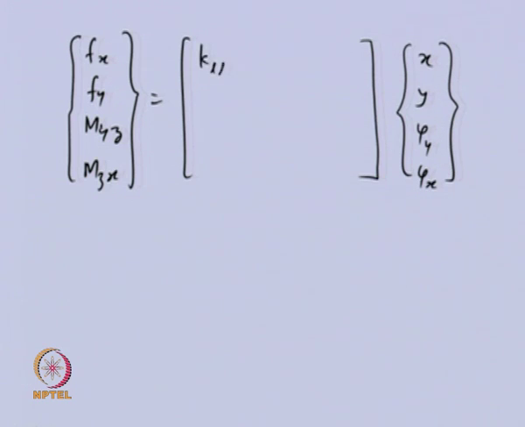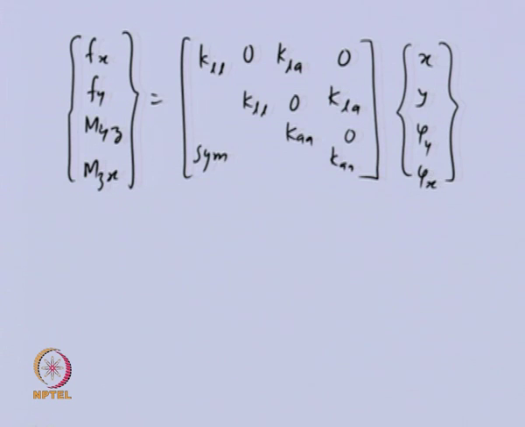This will be KLL, L for linear displacement or A for angular displacement. I am writing half of the matrix because this is symmetric. So, now we have related this particular vector through stiffness coefficients and the displacement vector.